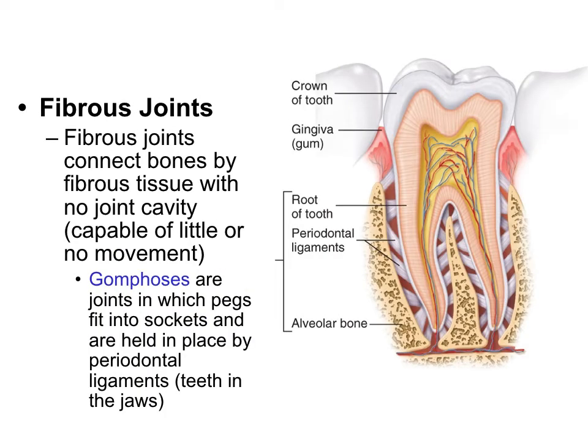Another type of fibrous joints are the joints that connect the teeth into the jaw. These are very short ligaments. They're gomphoses, or gomphosis for one of them, or probably better known as periodontal ligaments. They hold the tooth into the socket and permit the tooth to grow independently of the socket.